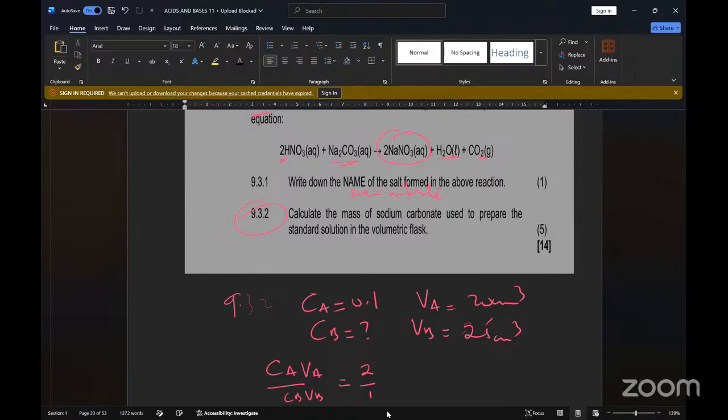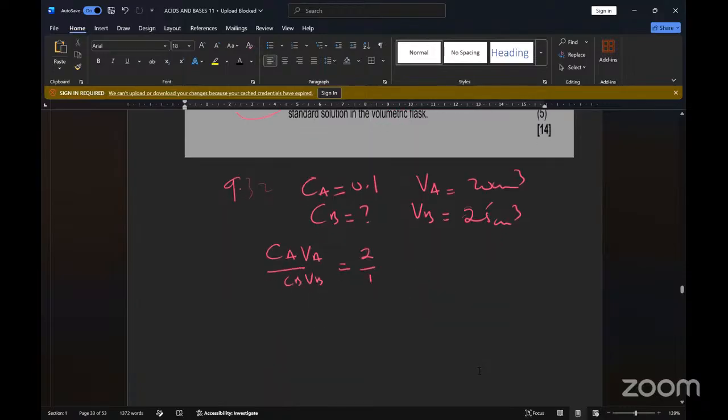So what you write is the concentration of the acid, which is 0.1, times the volume of the acid, 20, over the concentration of the base, which we don't know, times the volume of the base, 25 centimeters cube, should be equal to 2 over 1.